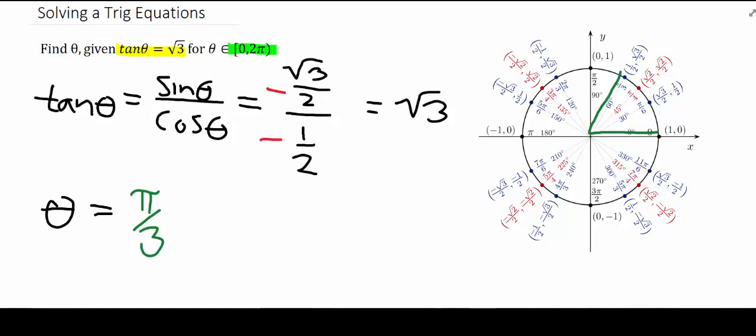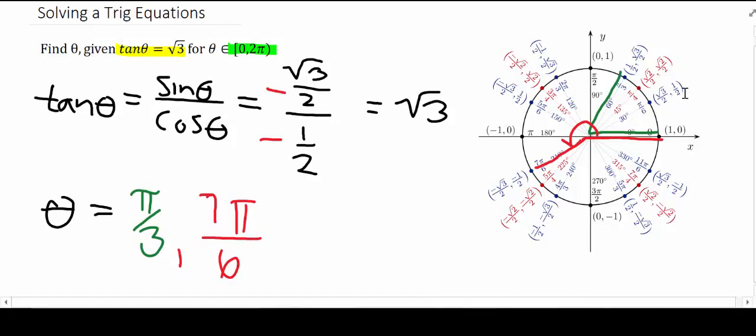So if sine of theta were negative square root of 3 over 2 and cosine were negative 1/2, well, that would occur here at 210 degrees. So this angle here would be another answer. So I can say that it's also 7 pi over 6. So my two answers are pi over 3 and 7 pi over 6.